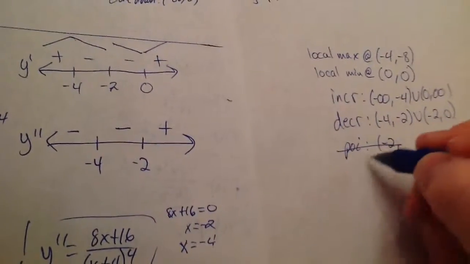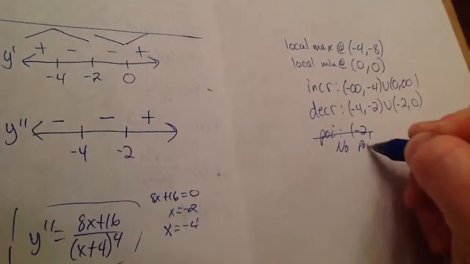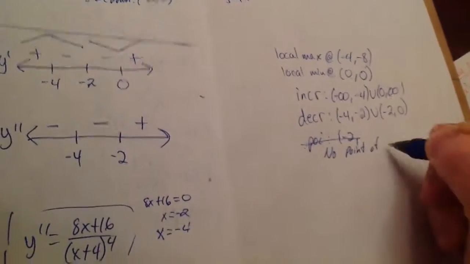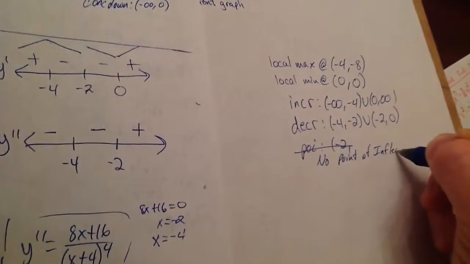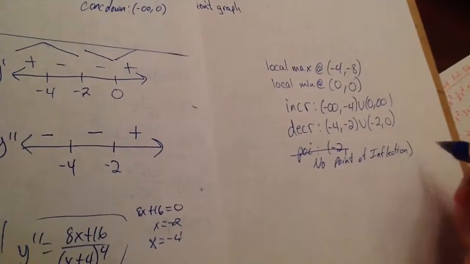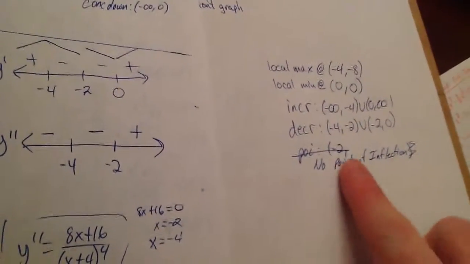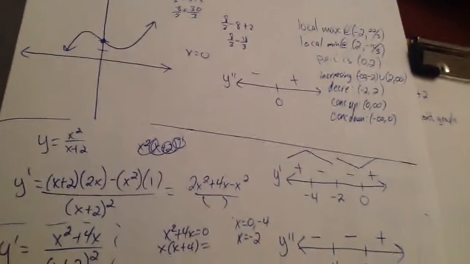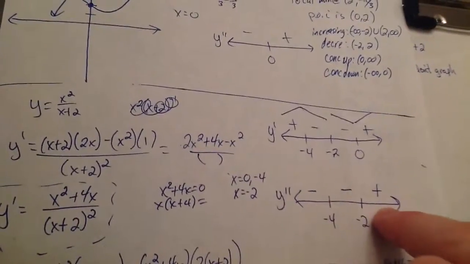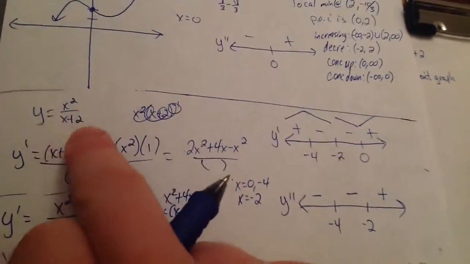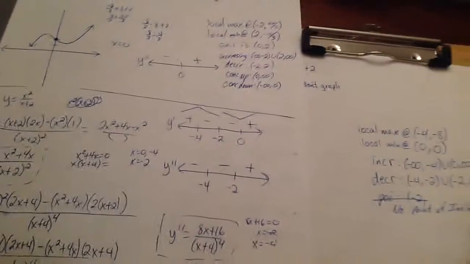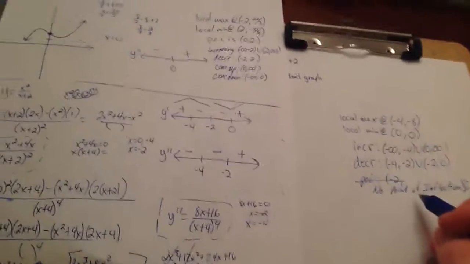There is no point of inflection. That was good to check. Oops, I don't want to put a parenthesis, because -2 is not in the domain of the original. So we're changing from concave down to concave up, but it's not in the domain of the original. I'll show you what that looks like in the graph. Let's keep going with the questions.